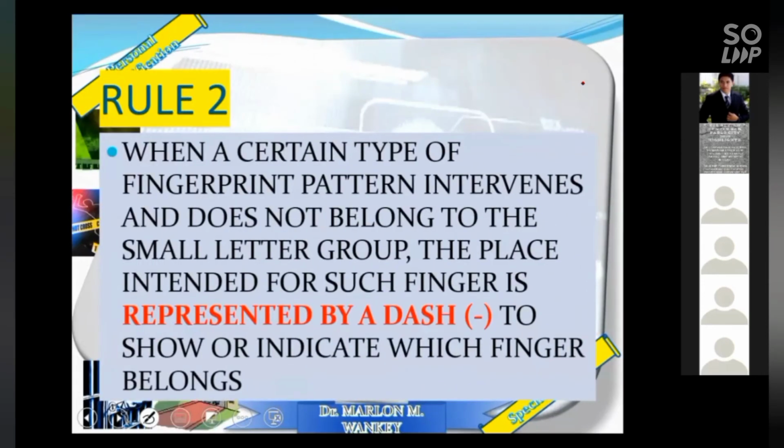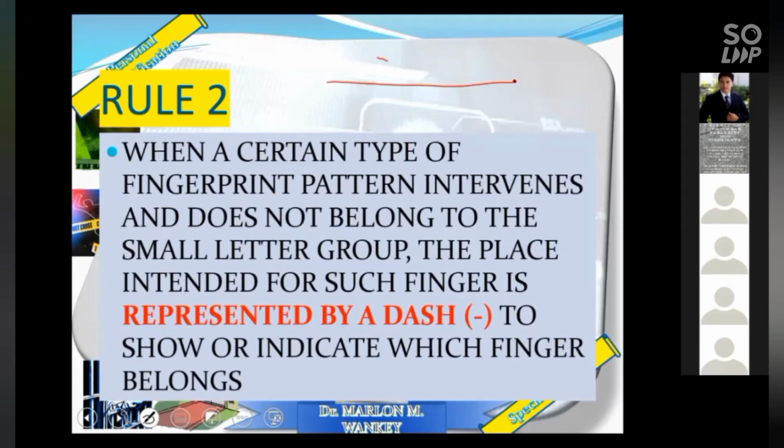Rule number 2. When a certain type of fingerprint pattern intervenes and does not belong to the small letters group, the place intended for such finger is represented by a dash to show or indicate which finger belongs. Yan yung sinasabi ko lang na at least saan dito yung walang ATR.